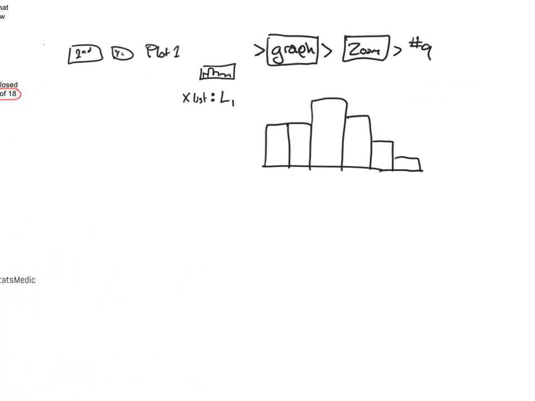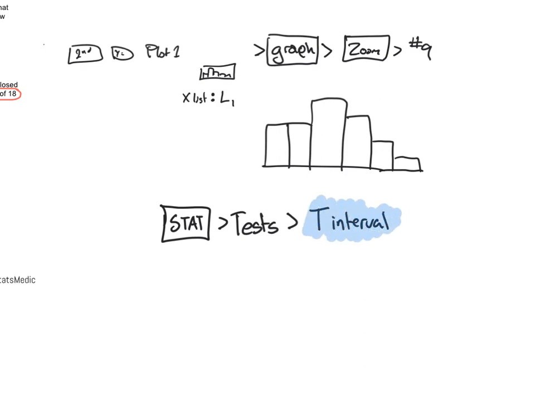So let's go to stat, slide over to tests, and then go down until we find a thing called t interval. All right, that's the one we're looking for. So go find that, hit enter.